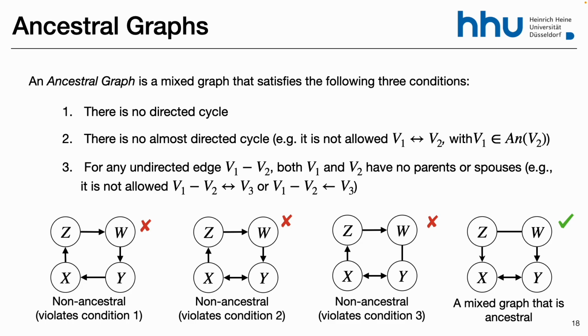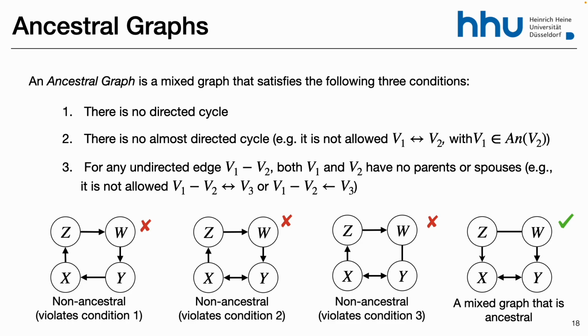So why is this a problem? Because it's saying that X is ancestor of Z, then of W, then of Y. So X is ancestor of Y, but this arrowhead is saying it's not ancestor of Y. So it's a contradiction.